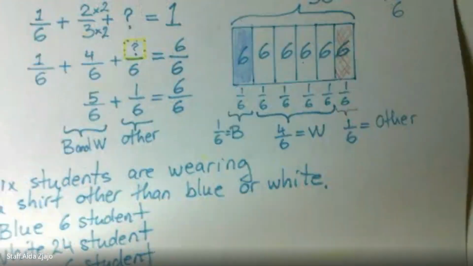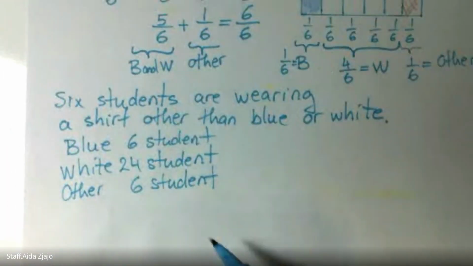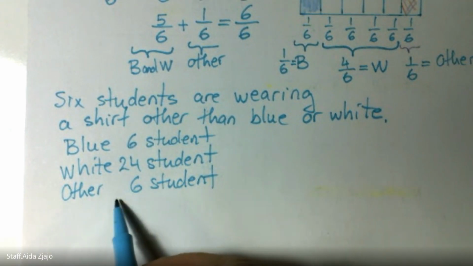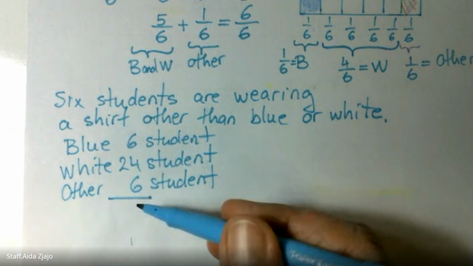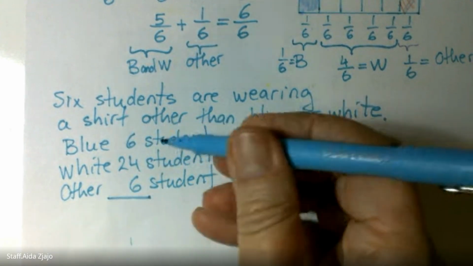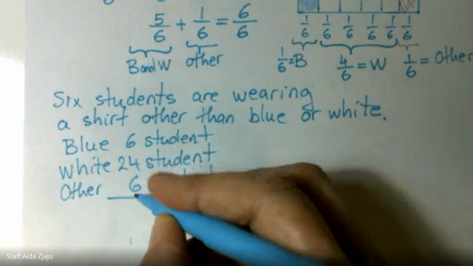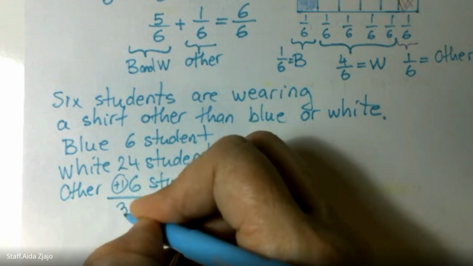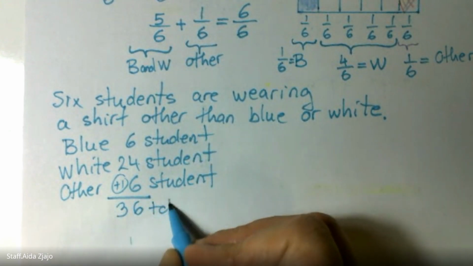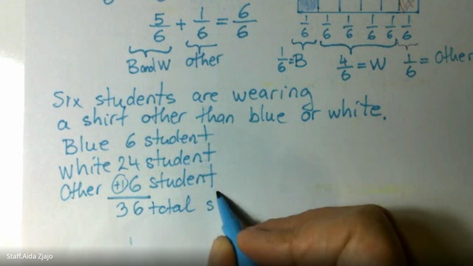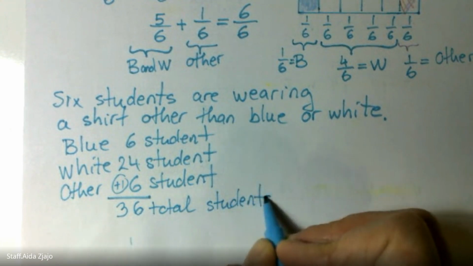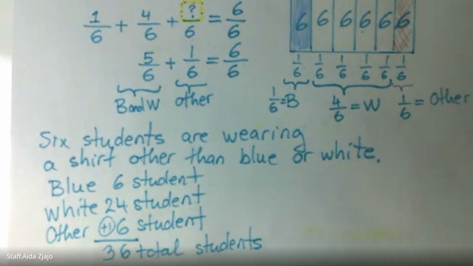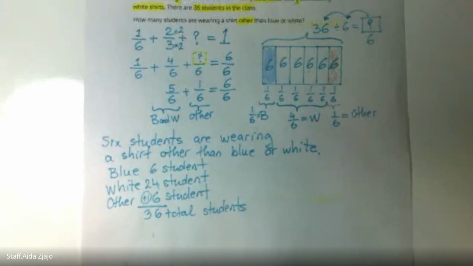When we add all these together, so blue 6 students, white 24 students, and 6 other students, all together they should add up to 36 students. So 6 plus 24 is 30, plus 6 is 36. Remember, 1 whole, and that is 36 total students. So that now you have a check that your calculation is correct.